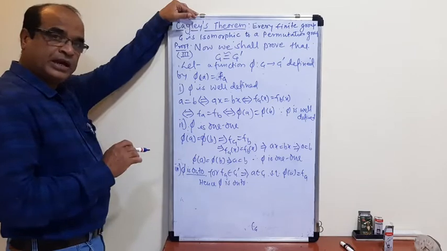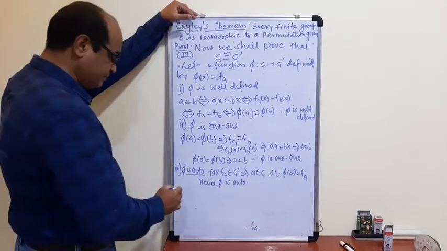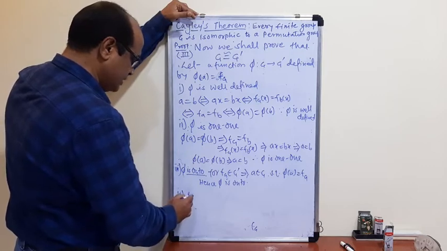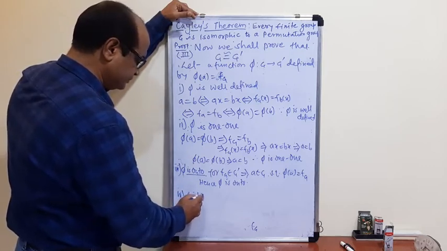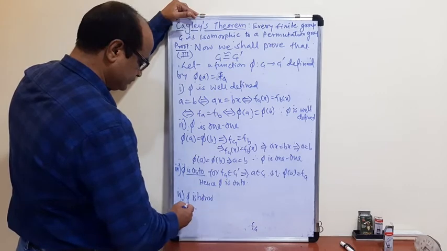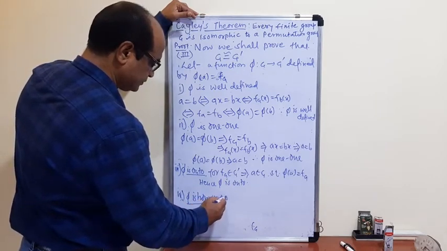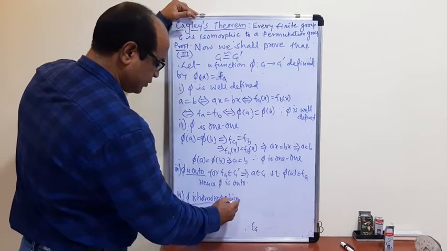Also we prove here that phi is a homomorphism. So what is the next part? Phi is a homomorphism.